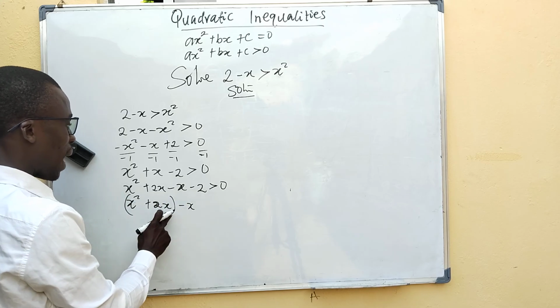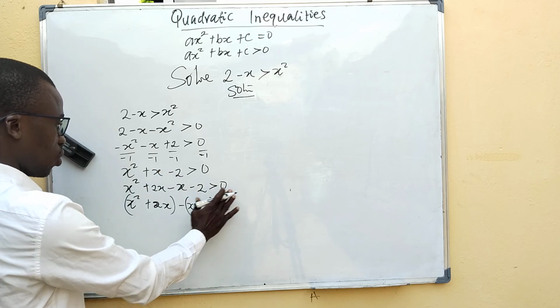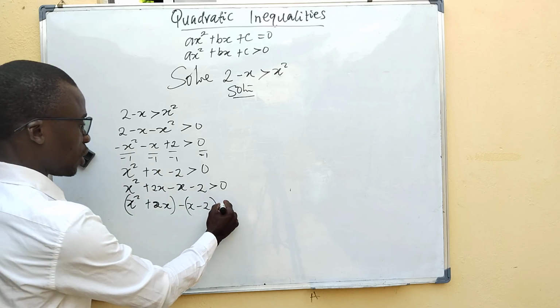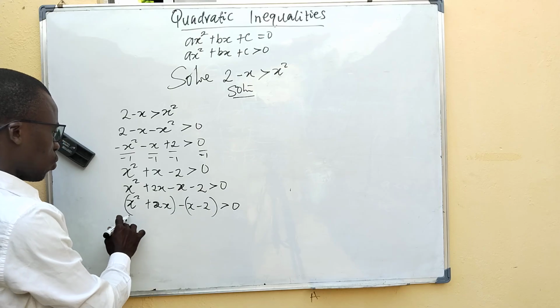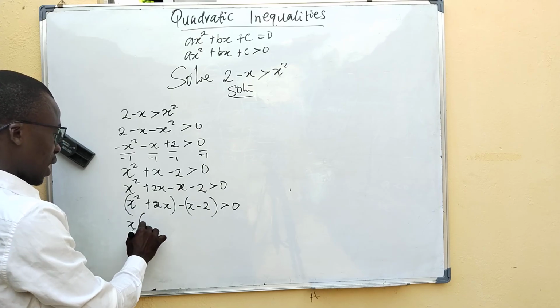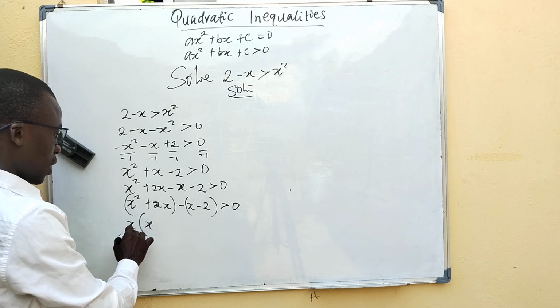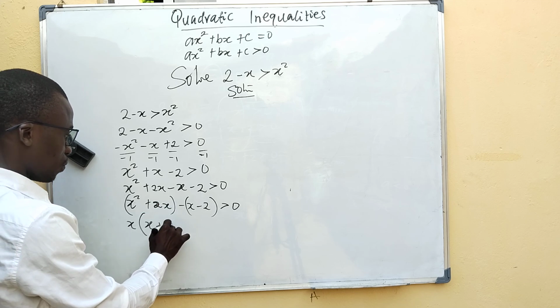Remember, the only thing I'm doing is just putting brackets here. I've not done anything. Now, what do we need to do here? We factor out. What's the common factor here? x. So when x cancels x, remains x. Then plus, when x cancels x here, remains 2.